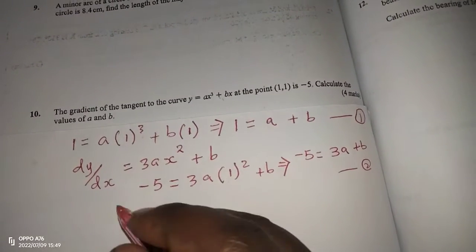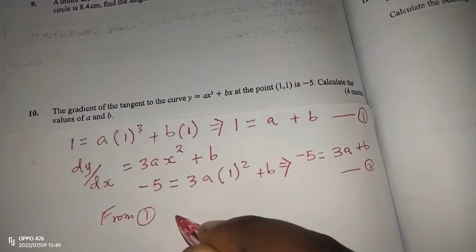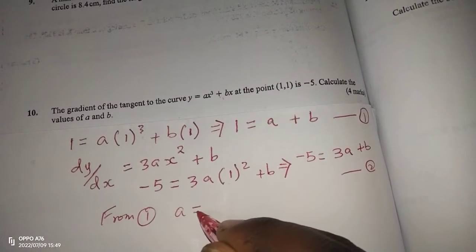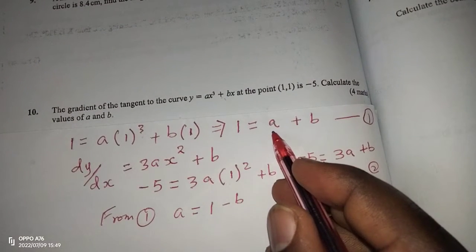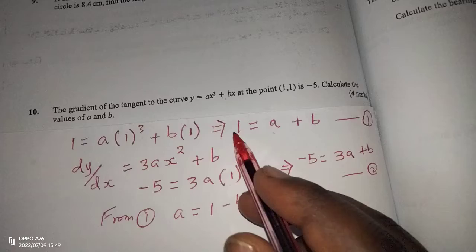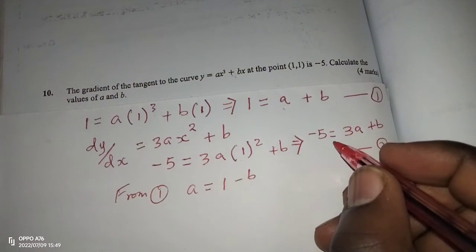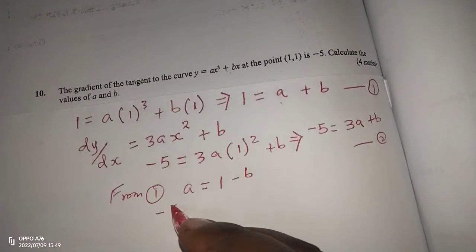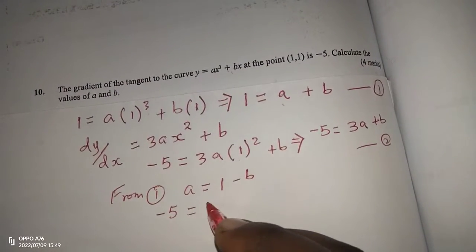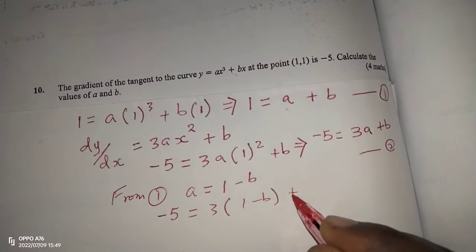From equation 1, we can say the value of a equals 1 minus b, because to remain with a we have to take b to the other side. So in the second equation, wherever we have a, we substitute with 1 minus b. Negative 5 is equal to 3 times (1 minus b), plus b.